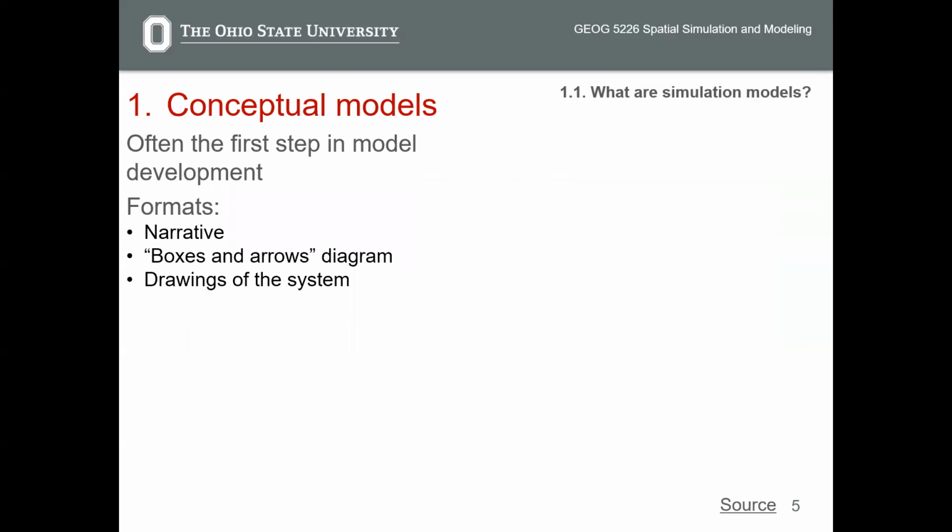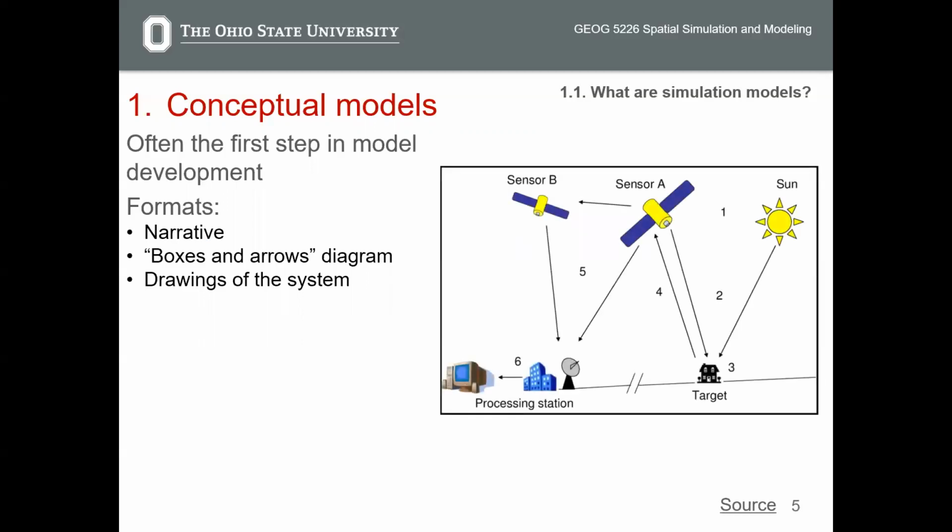Conceptual models are often established in the first step in model development. They exist in narrative texts or boxes and arrows. They can form diagrams or drawings of the system. Here is an example. This is a conceptual model for the remote sensing process.